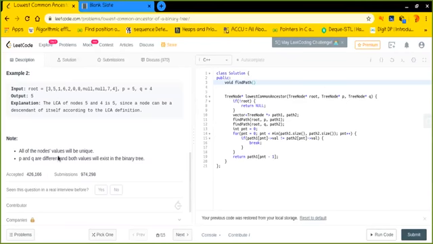All the nodes have unique values, P and Q are different, and both values will exist in the binary tree. That is why we can just find out the path. We do not need to take care of whether it exists or not. Otherwise, we would need a boolean type to return whether it can be found or not.